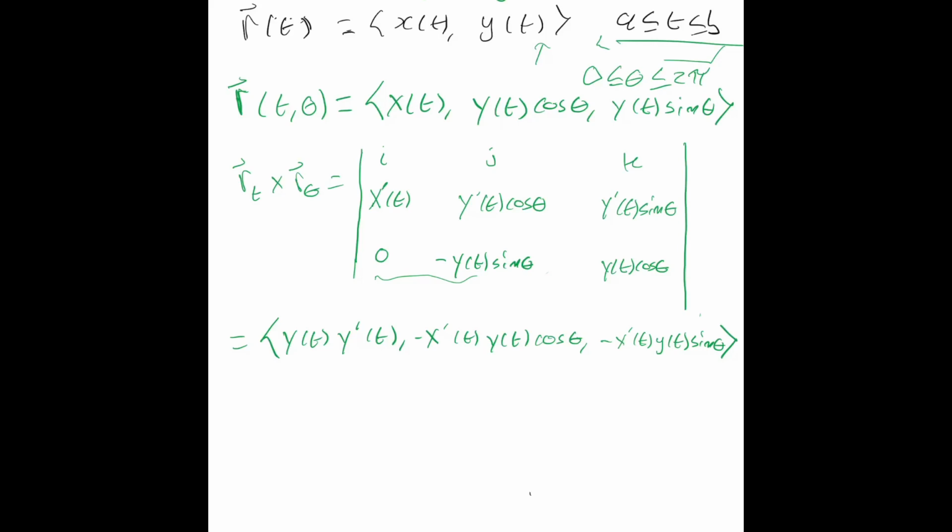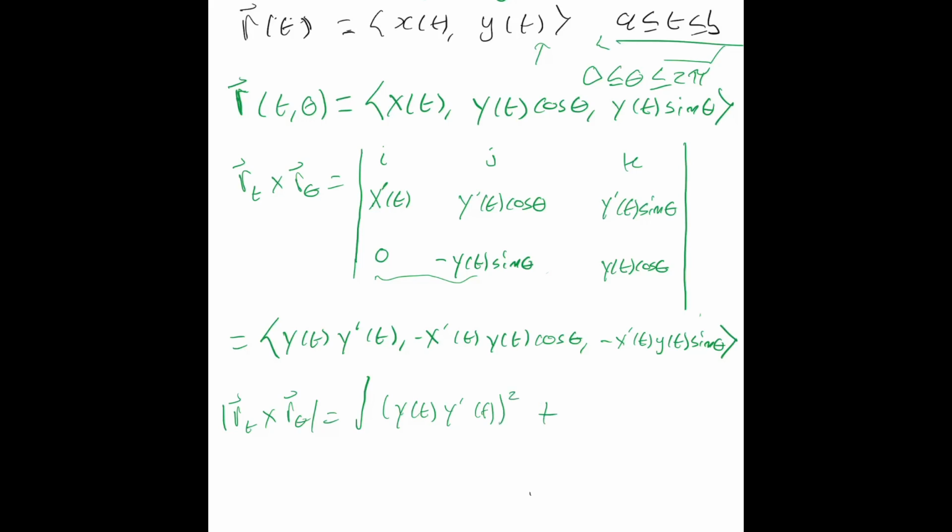But the other thing we need to do, if we want to do the surface integral of a scalar field, is compute the magnitude of R_t cross R_theta, so that's what I'm going to do now. And we're hoping that some trig identities will save us. So the magnitude of R_t cross R_theta is going to be the square root of y of t, y prime of t squared, plus, and now let's look at this.